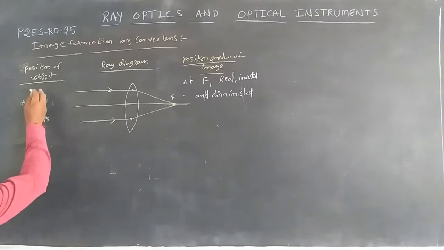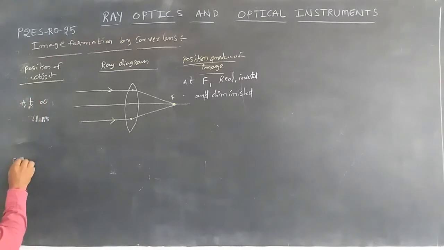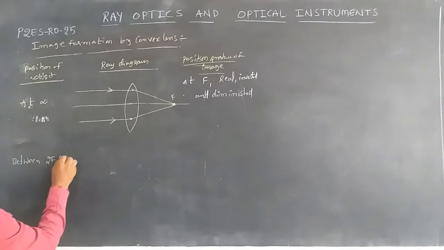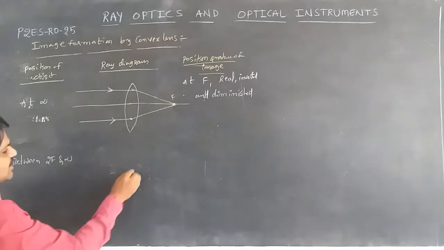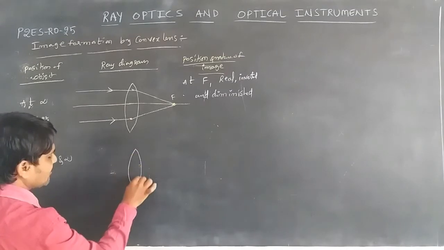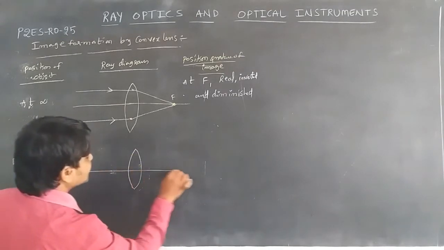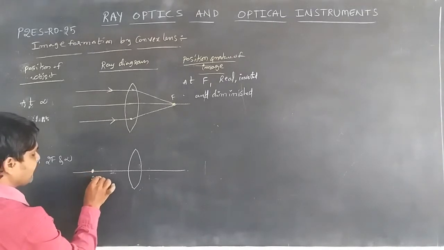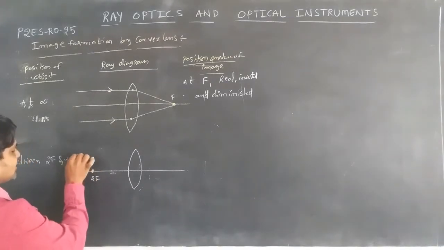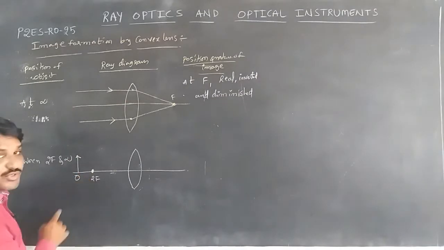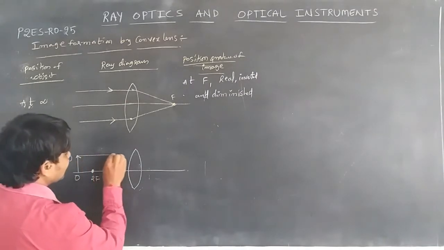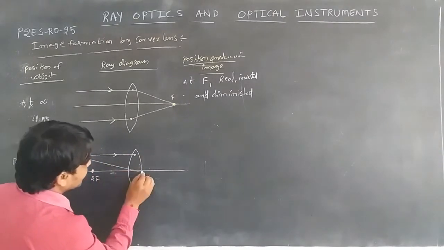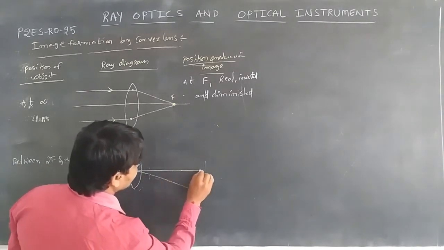If the object is placed between 2f and infinity, nearby 2f on the principal axis, and this is considered as 2f, the object is placed like this at O. Whenever light is incident on the lens, we can get the image.